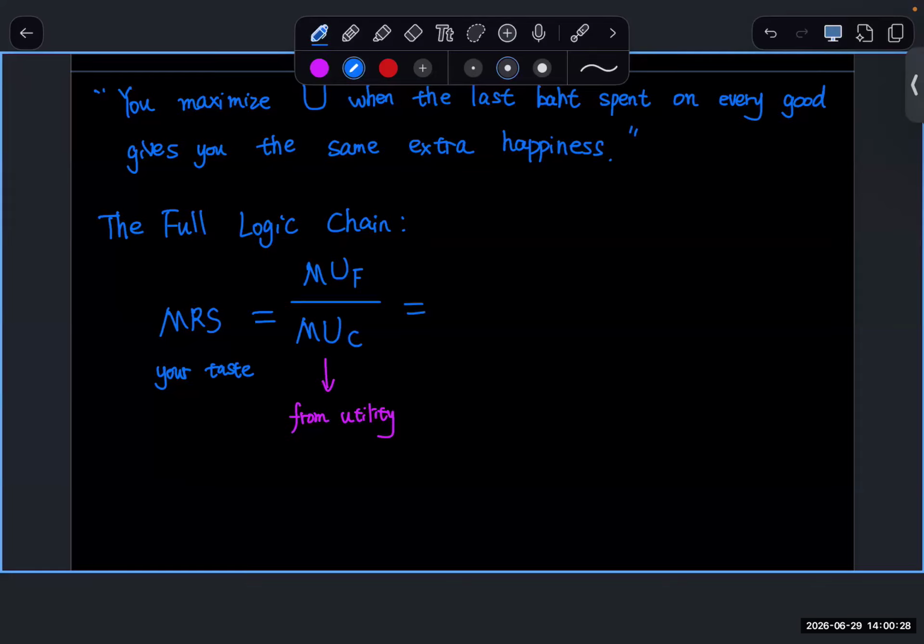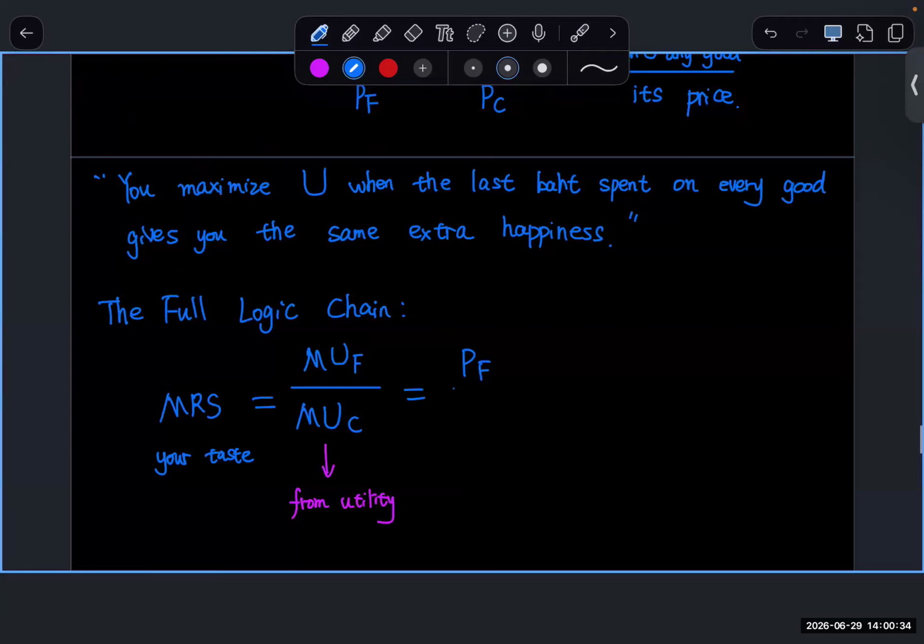Equals the price ratio, price of food over price of clothing. The price ratio comes from what? Comes from the market.